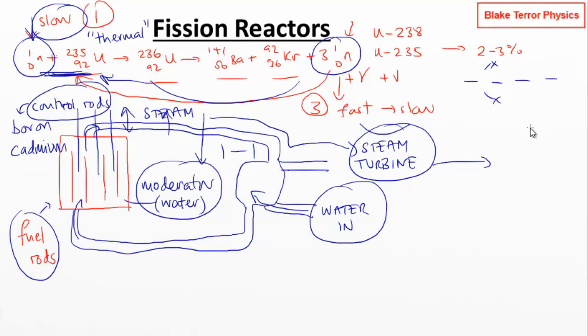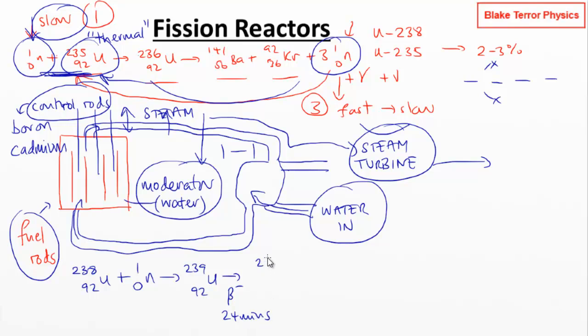Now, the problems that we've got with these fission reactors is not just these uranium-235 reactions that are going on. You've got other things that are happening. And this is where we start getting the environmental problems. So the uranium-238 can start reacting with the neutrons. That captures a neutron. Now we've got uranium-239, which will beta minus decay in about 24 minutes.